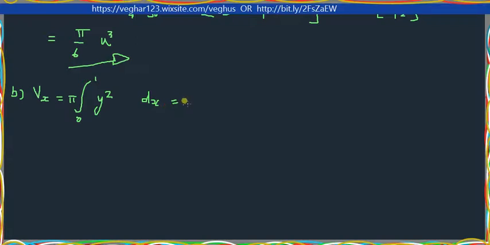Then we're going to substitute the equation here. Let's start with x minus x squared. It's the same thing, just rearranging, avoiding the confusion of the negative. It's simple like this, and then squared, dx.